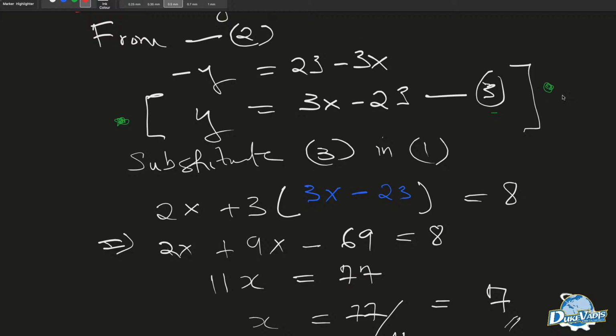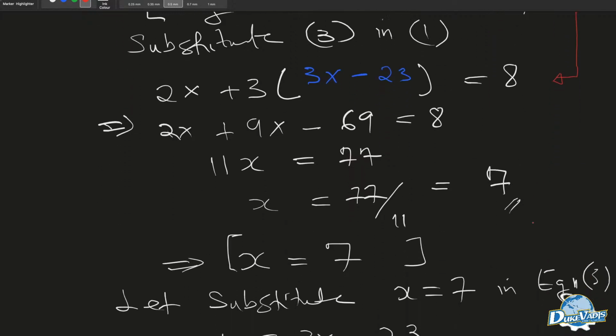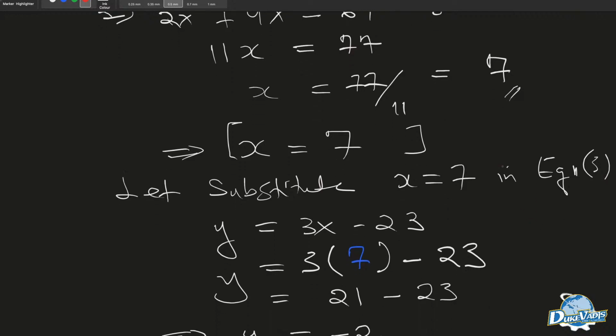So we substituted it all the way into this equation. Then we have 2x plus 3 into bracket 3x minus 23 is equal to 8. Then when we computed it, our final answer was 7.